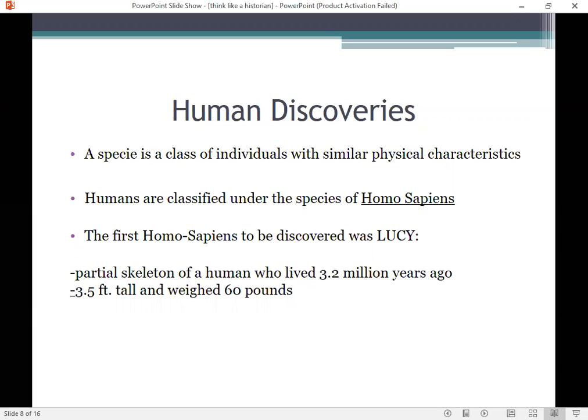She was 3.5 feet tall and weighed 60 pounds. This was the first skeleton to be discovered of a very ancient human being, the caveman or cave woman. And they called her Lucy. Is it clear so far? Yes. Okay.